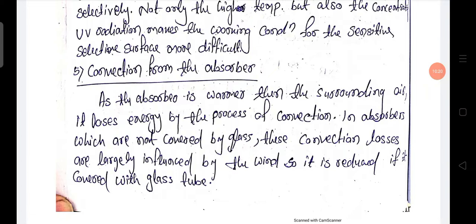The absorber is hot, but the surrounding is cool. So the heat from the absorber transfers to the surrounding, and this heat transfer is called the convection process. Due to this convection process, some heat is also lost.